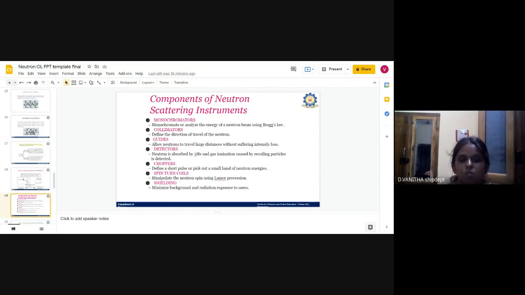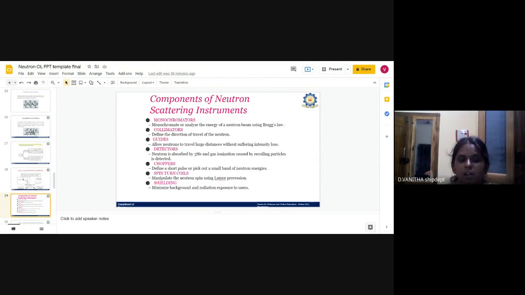And also there are some detectors available. The neutron is absorbed by helium, and the gas ionization caused by recoiling particles is detected by the detectors. Choppers are also available, which are used to define a short pulse or pick out a small band of neutron energies.